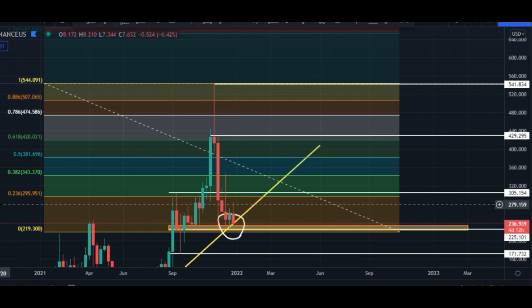Once it crosses this area in the weekly chart, the next target is $343, which is the 0.38 Fib level. After that, the 0.5 Fib level, which is the $381 price area, and after that 0.61, which is the $420 price area, and it is the golden pocket price area.